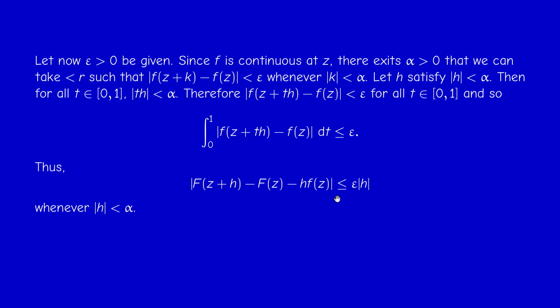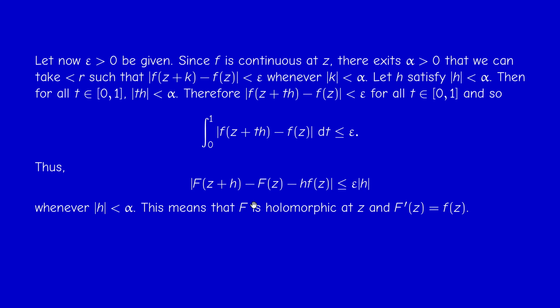And this precisely means that capital F is holomorphic at z, and its derivative is small f. If you like, you can divide by h and let h tend to 0, same thing. Okay, but we did these kind of things at the beginning. So this estimate proves that F is holomorphic and its derivative is given by small f of z.